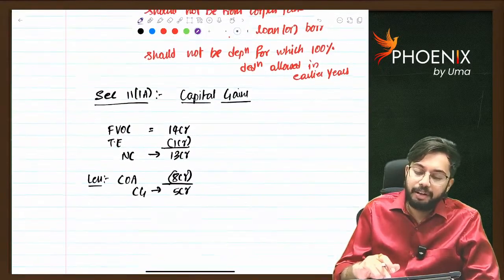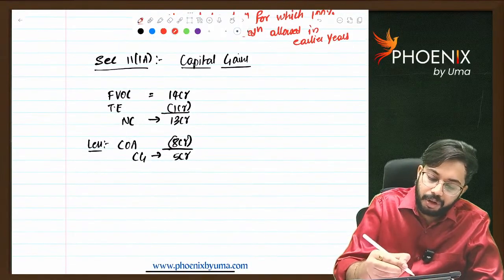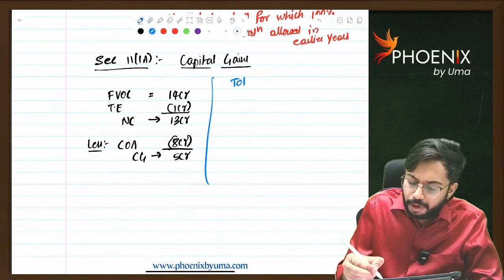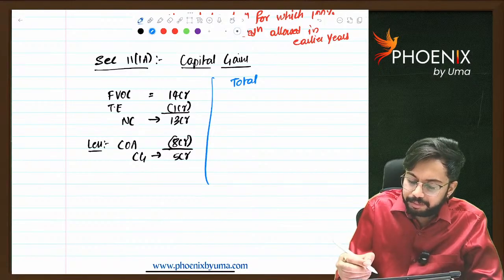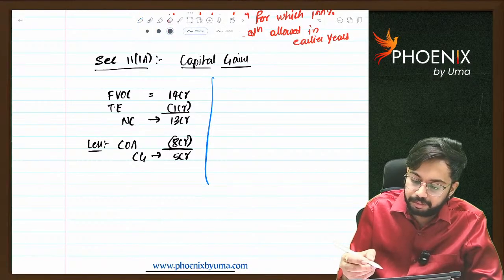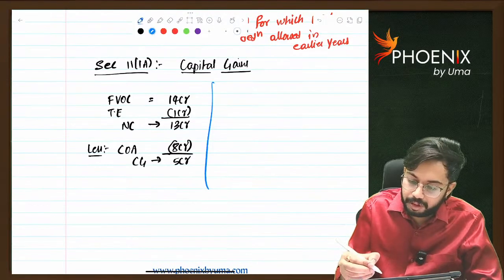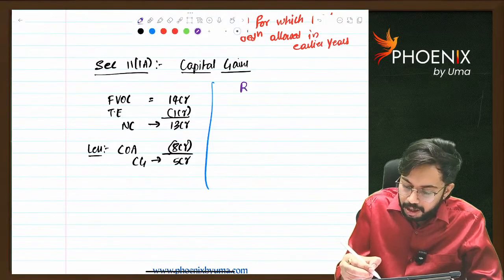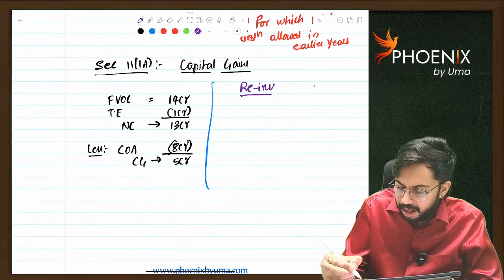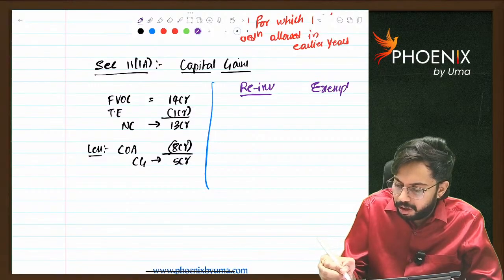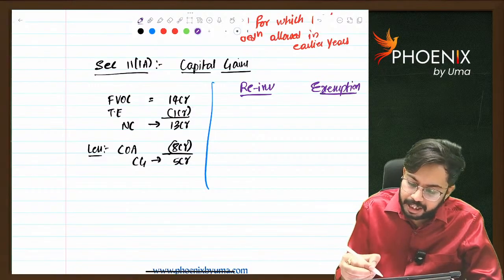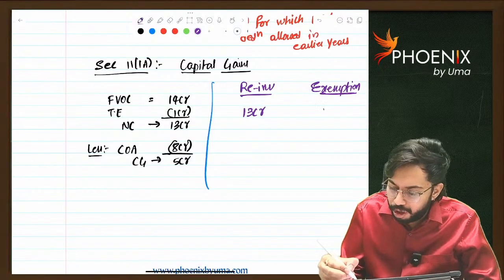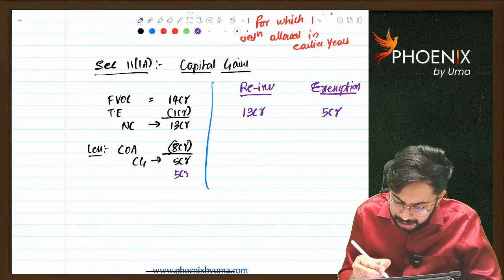Did you understand? Now, if total net consideration of 13 crores is reinvested, total 5 crores capital gain is exempted.